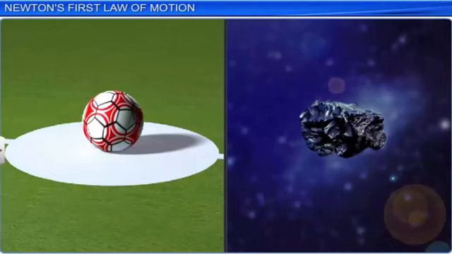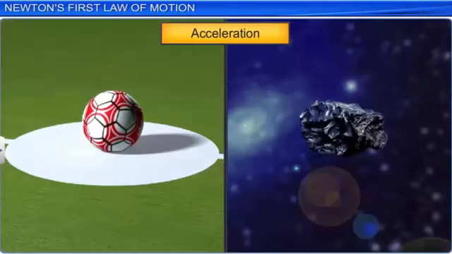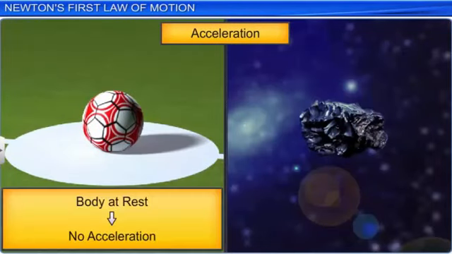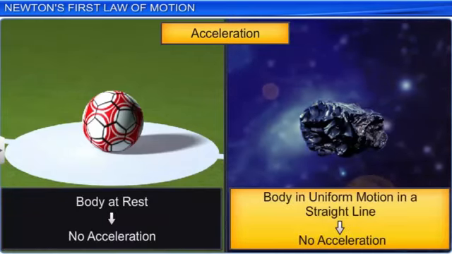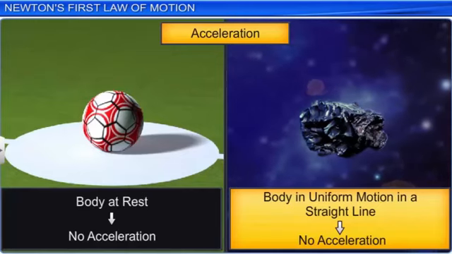If you observe, there is no mention of acceleration in Newton's first law of motion. This is because when a body is in a state of rest, it has no acceleration. Similarly, a body in uniform motion in a straight line does not accelerate.